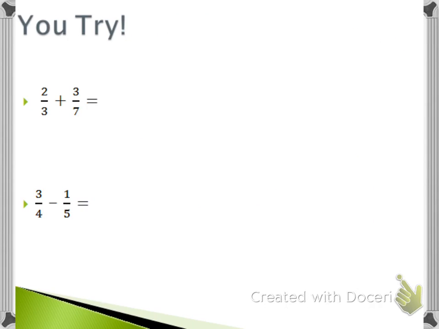Alright, so now that we've seen two examples, one of an addition problem and one of a subtraction problem, I want you guys to try adding and subtracting fractions with unlike denominators. So you can go ahead and pause the video right now and try to work out these two problems on a sheet of paper or on a whiteboard, and see if you can follow the 3 steps and find the correct answer.